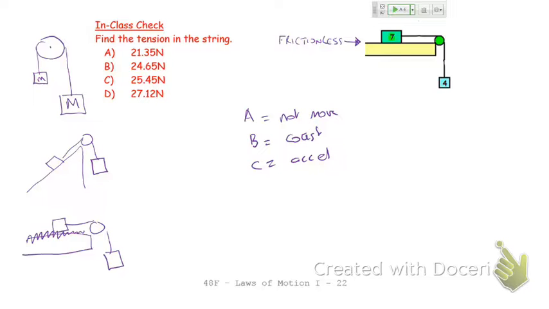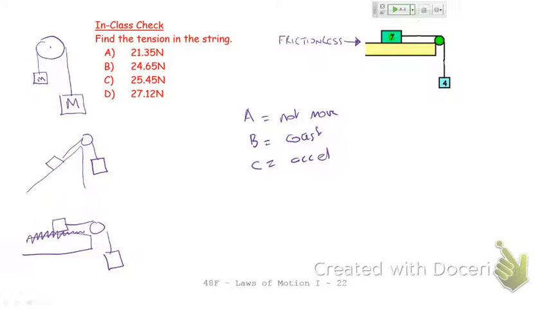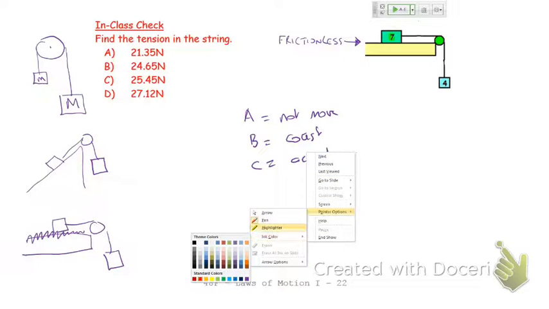Let's have a look. I think it's because I've got the pen. So let's go into printer options, go to pen. Why can I not have an eraser? Anyway, it doesn't matter. I'll work around it.